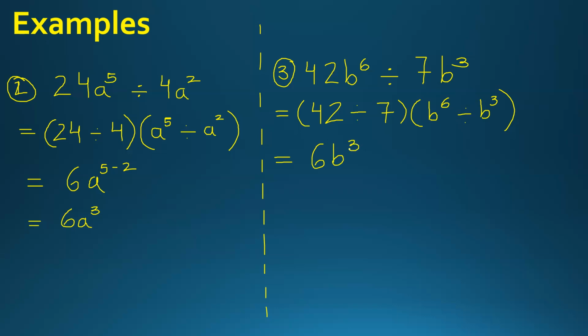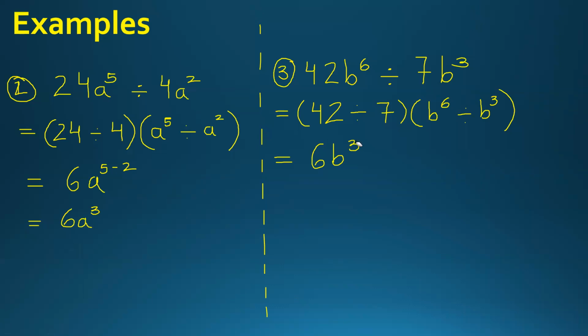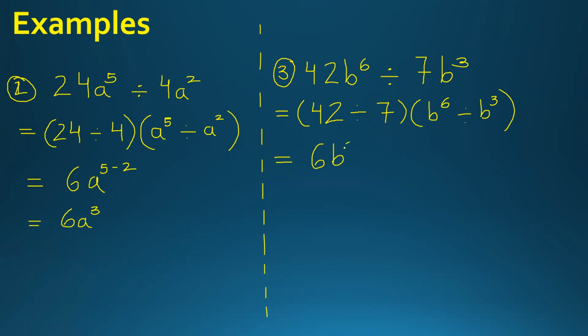So the answer is, let me actually write it down, no shortcuts. So we do 6 minus 3. It's going to be 6 times b to the power of 3. All right. So what we did there, we subtracted.